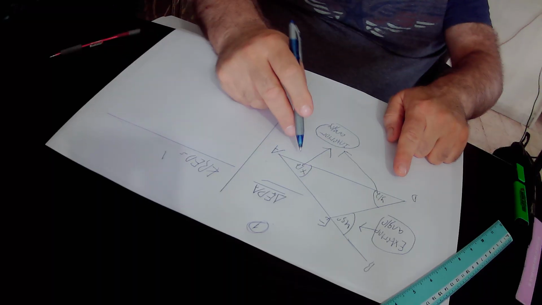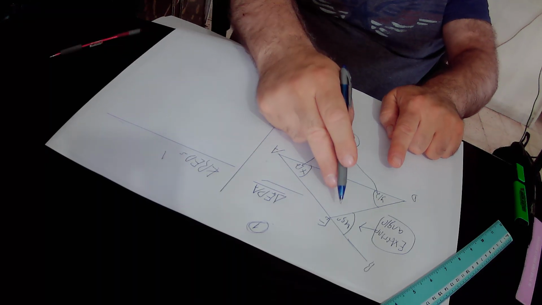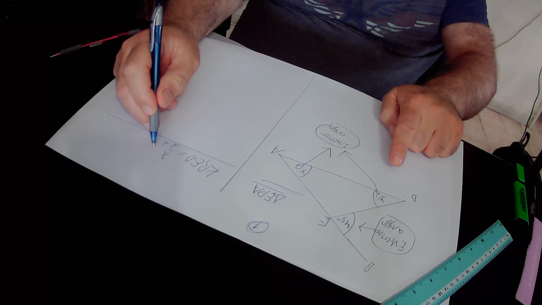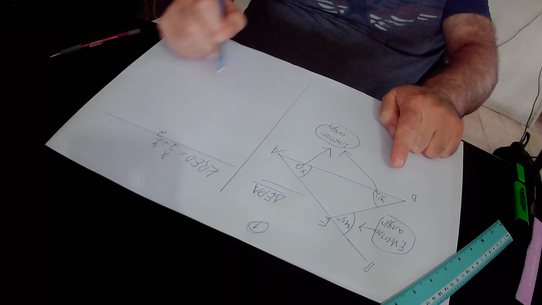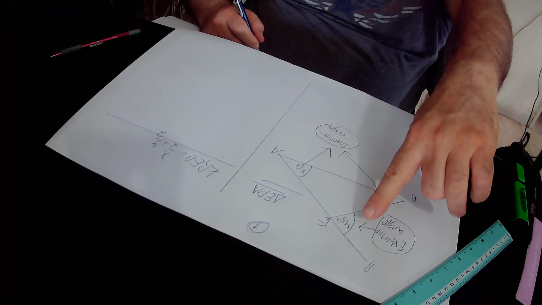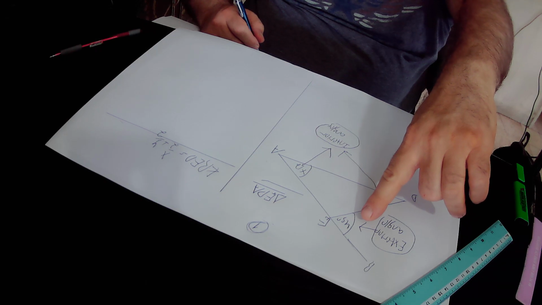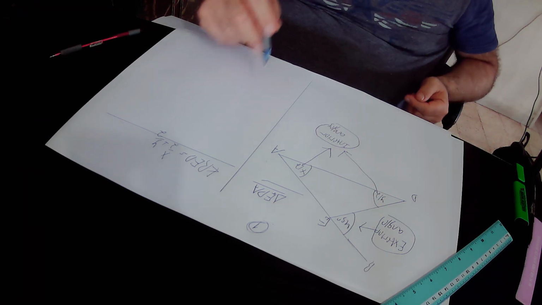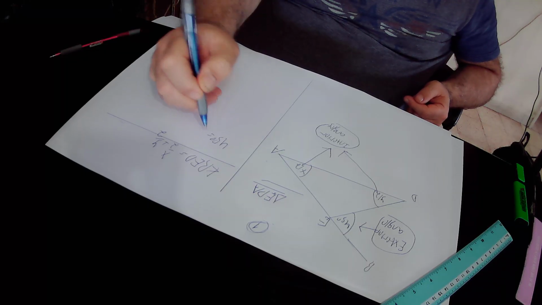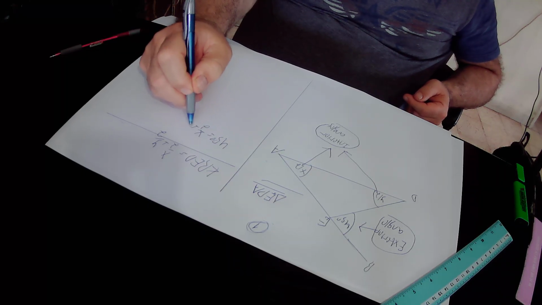Those are the two interior angles that are not adjacent to this angle BED. But it is given in the problem that the size of angle BED is 45 degrees. So we substitute angle BED by 45 degrees. So 45 degrees equals x over 2 plus y over 2.